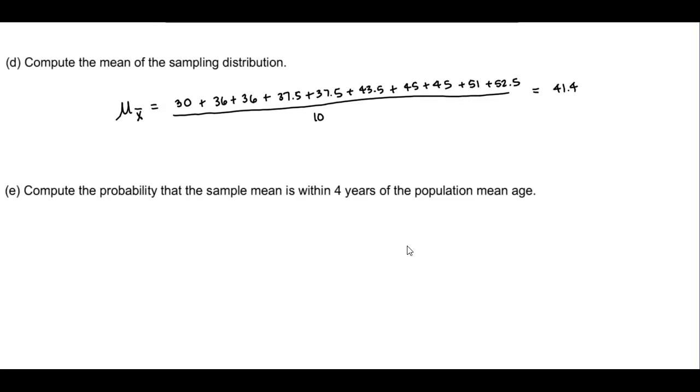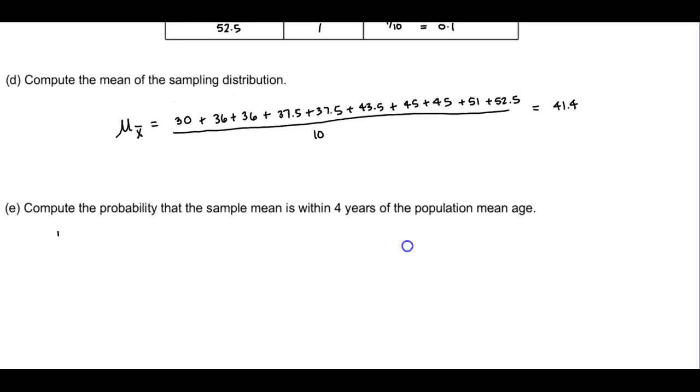What is the population mean age? Well, the population mean age that we found was 41.4. And we want to find values that are within 4 years of that. So what does that mean?